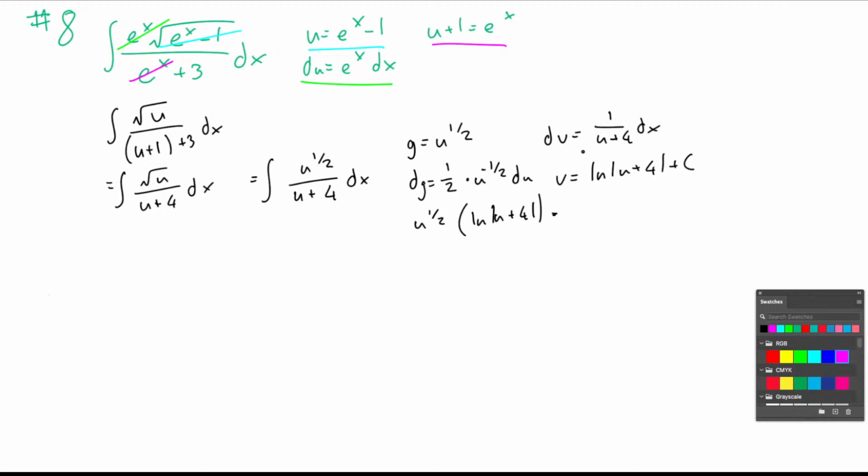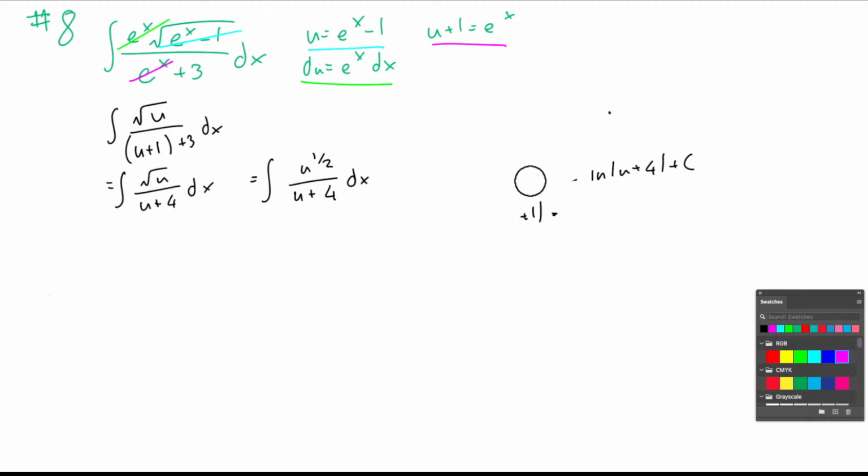I'm not taking the integral of a natural log. Okay, wait, there has to be something I'm not thinking of here.